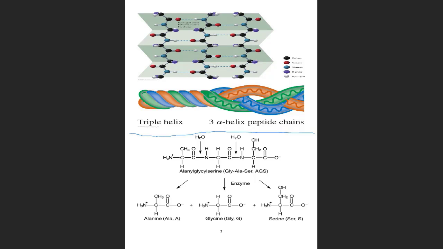Hydrolysis is the addition of water across the peptide bond. This is the peptide bond, and this is the peptide bond. So basically, we are restoring the original amino acids. When we have a protein or a peptide, and we hydrolyze that, we add water across the peptide bond, producing the individual amino acids.